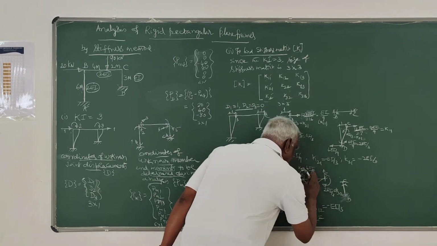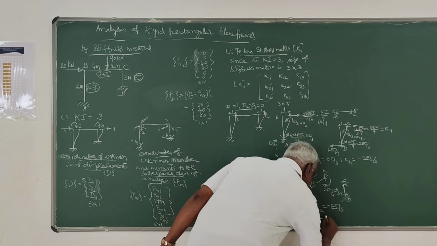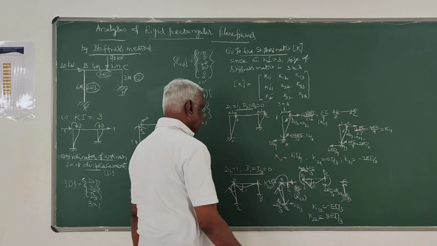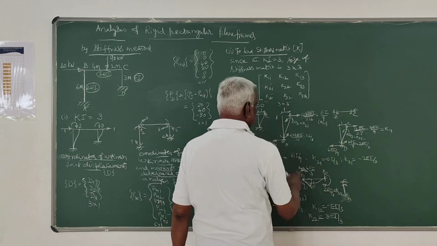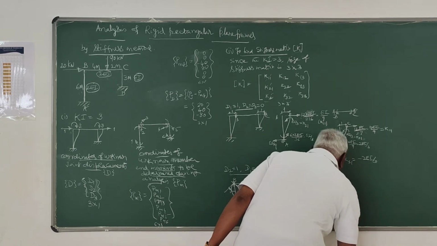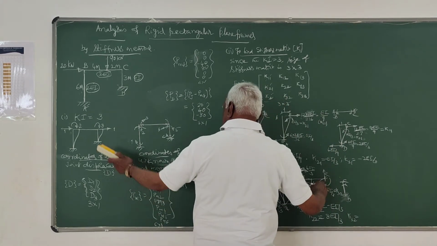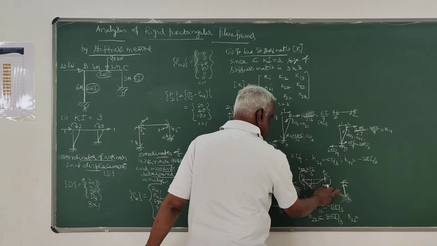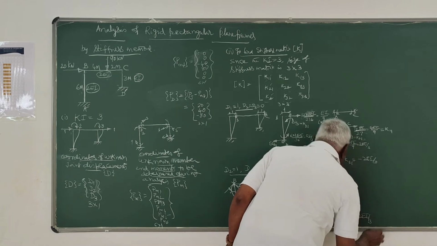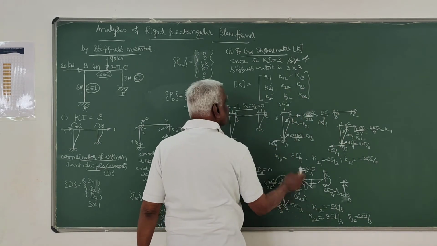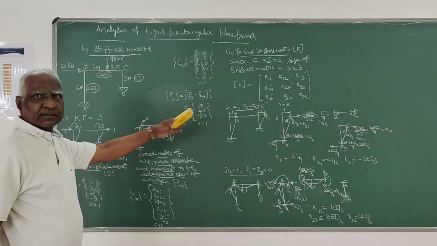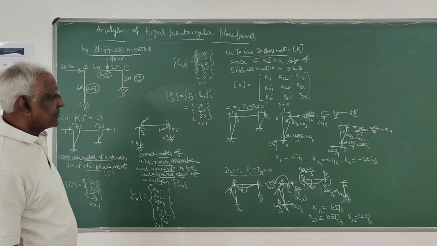So it is 4EI by 3 plus 4EI by 3, which is 8EI by 3. That is K22. Then K32, the last element, is in the same direction as 3, clockwise, so it is 2EI by 3. So these are the elements K12, K22, K32, the stiffness coefficients we have developed.